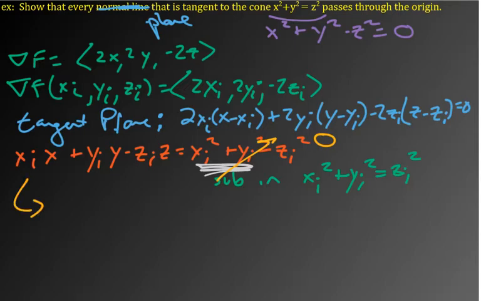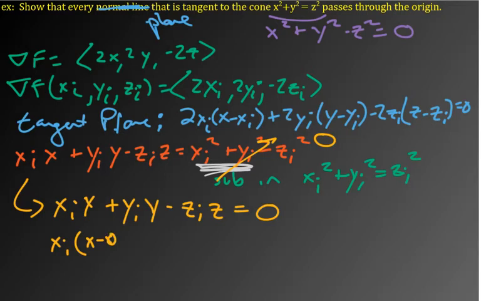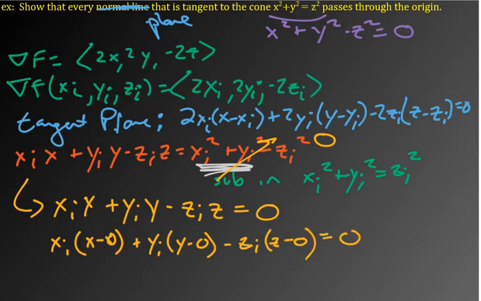So the tangent plane now reduces to x sub I x plus y sub I y minus z sub I z equals 0. And in here we've got this structure where it's x minus 0, y sub I, y minus 0, minus z sub I, z minus 0. And this right here tells me that truly, no matter what tangent plane I pick, that will pass through the origin.